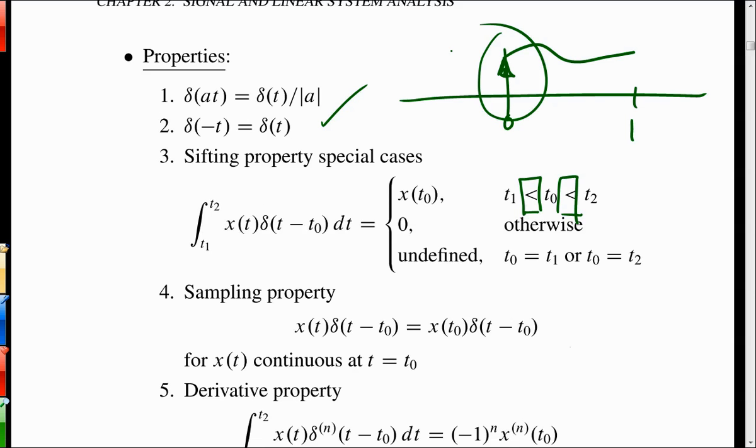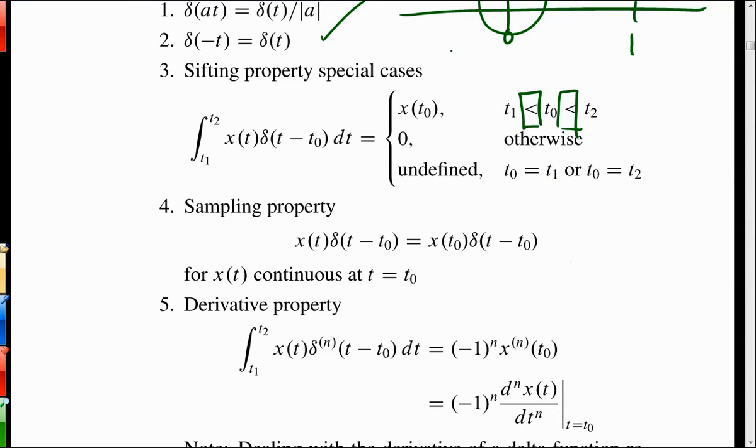What you could do, if you really wanted to be fancy, is say that we got half the delta function inside of there, and we get half that x at 0 out of there. But this definition just says, let's not go that far. Let's not be that precise. It's got to be interior to the interval for that to work.